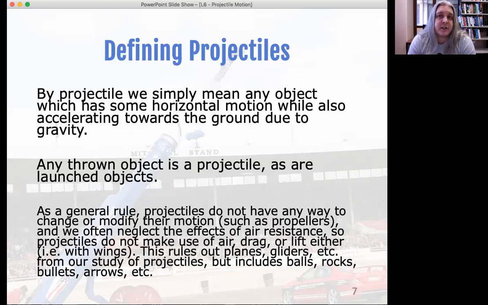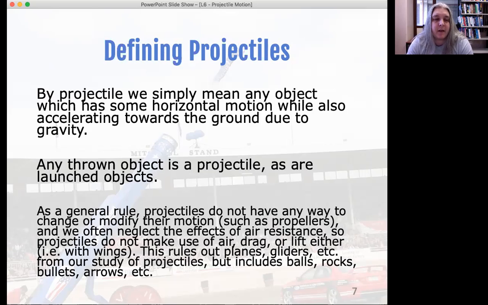If we're talking about projectiles for this whole lecture, then we want to understand what projectiles are. So what do we mean by projectile? It is any object which has some kind of horizontal motion while also accelerating towards the ground due to gravity. So any thrown object is a projectile, as are launched objects. But as a general rule, projectiles do not have any way to change or modify their own motion.